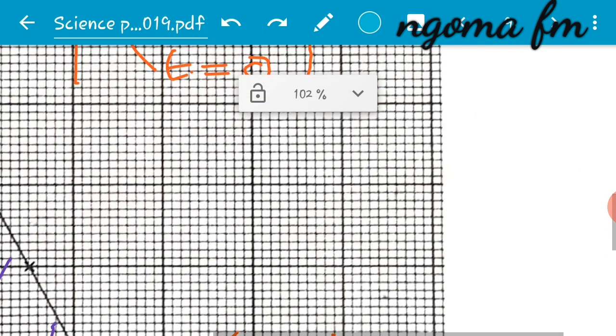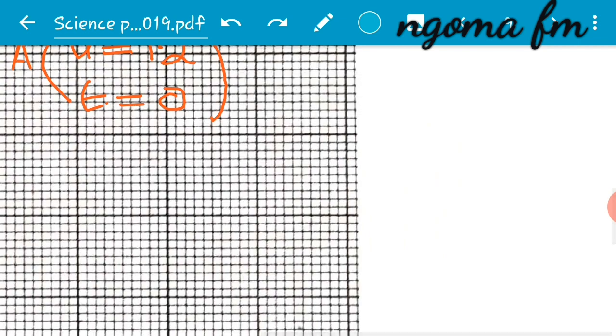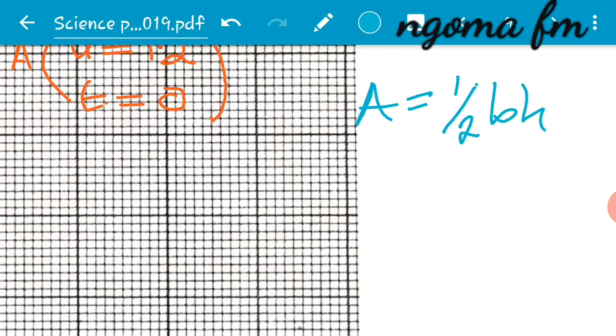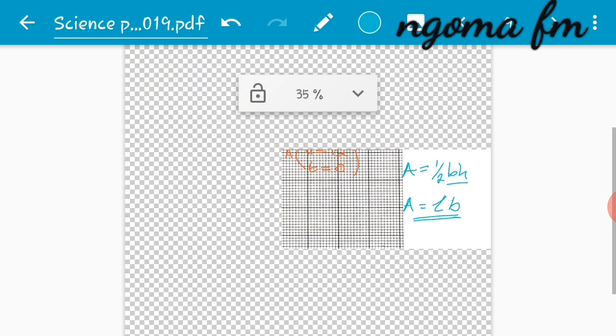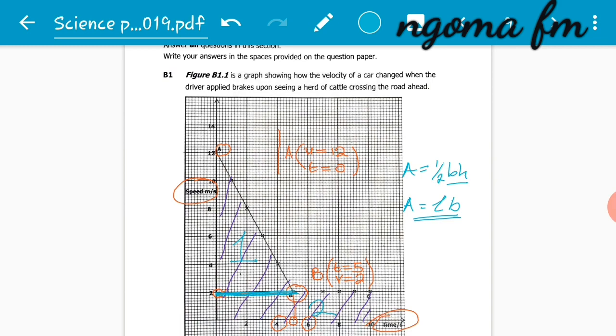So I need to know the base and the height. Then for a rectangle, area is equal to LB. So I just need to know the length and the base of the triangle and the height of the triangle. So this is how we're going to extract it.